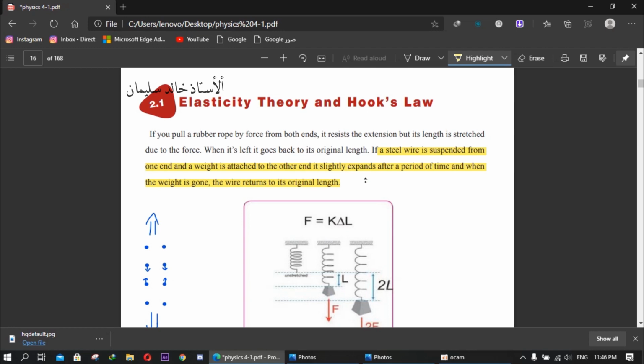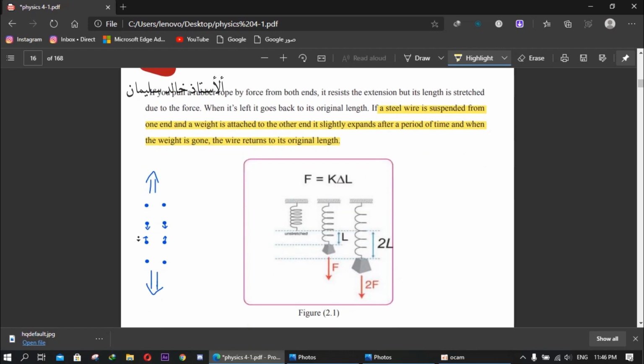Explain this statement. A material consists of many molecules, and these molecules are bound with each other by molecular forces. When we attach a weight to this material, the forces between molecules, which we call molecular attraction forces, will make the material return to its original state.